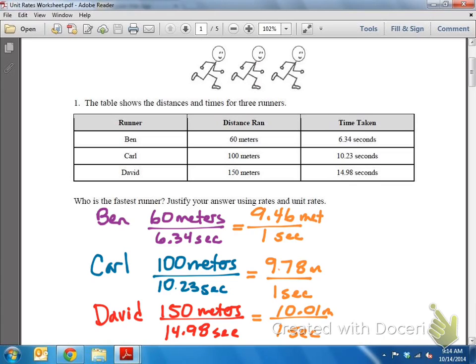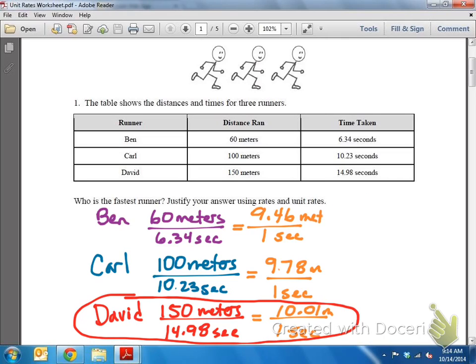Looking at all these numbers, we're tempted, because usually we want to find the smallest number, which is 9.46. But we're talking about the speed of something. Do we want to know how small the speed was? No, we're trying to find out how fast someone was going. So when we talk about speed, we want the bigger number. 9.46 is not faster than 10.01.